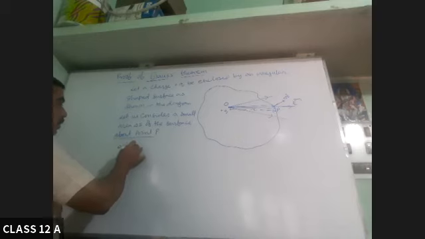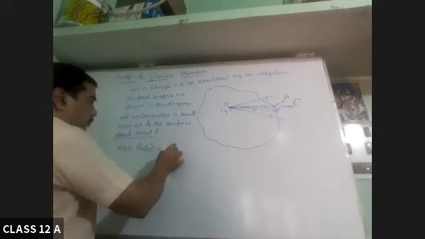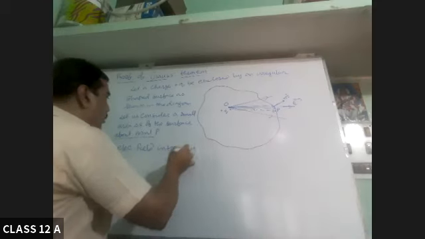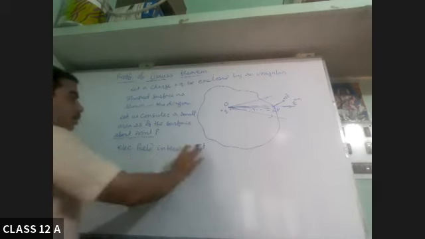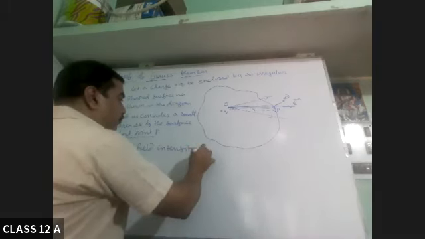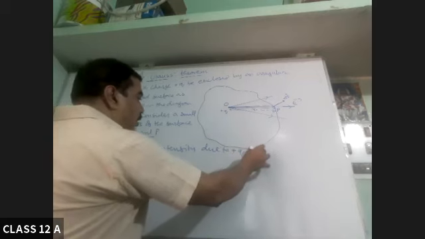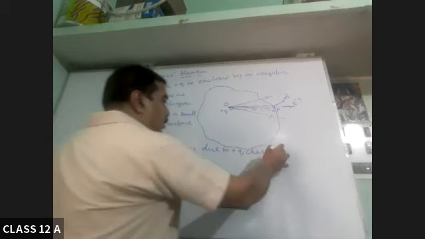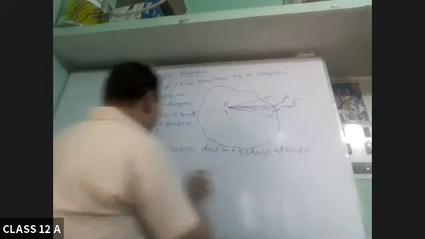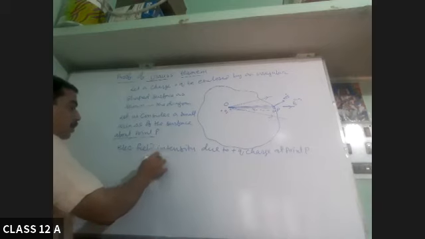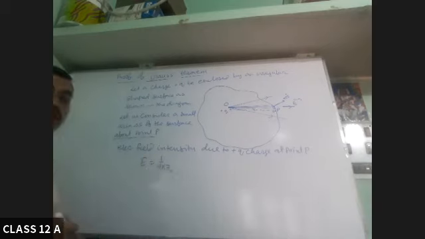So what will be the electric field intensity due to plus Q charge at point P? This E will be 1 by 4 pi epsilon naught, if we are considering air or vacuum.